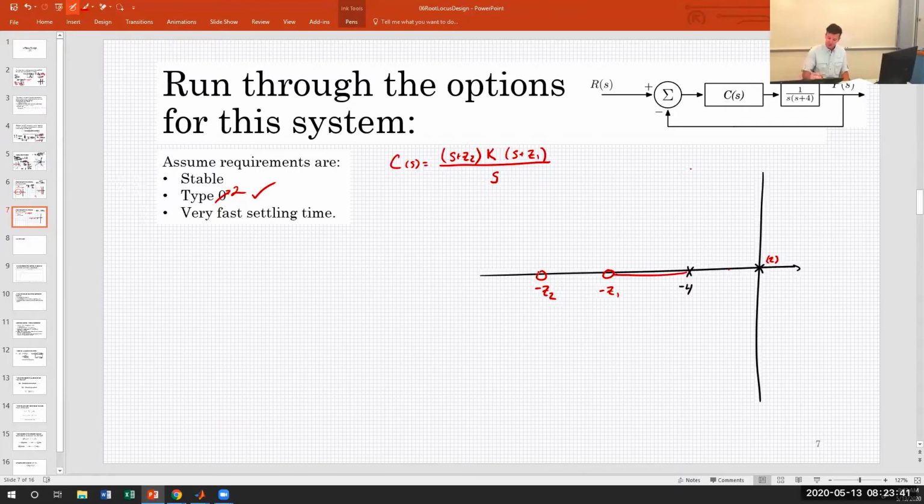So it looks like, depending on what the integrators at the origin do, we could actually end up with a stable system. So now our overall number of open loop poles is still 3, but our number of open loop zeros is now 2, which means we expect 1 asymptote, which means it's here.